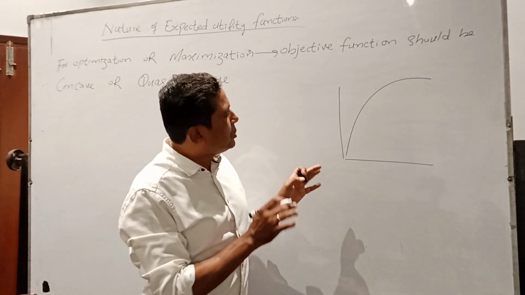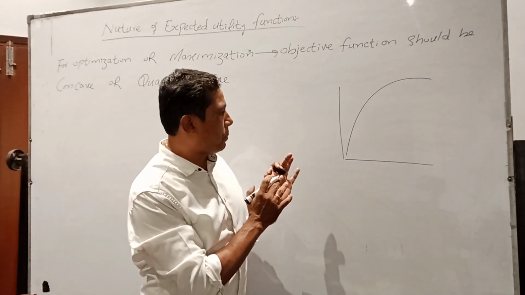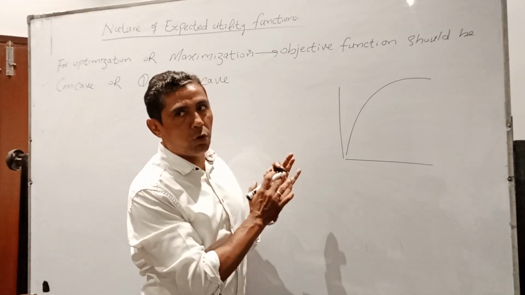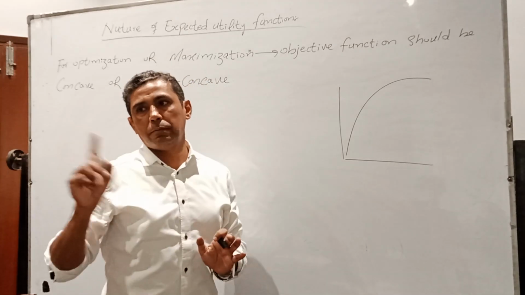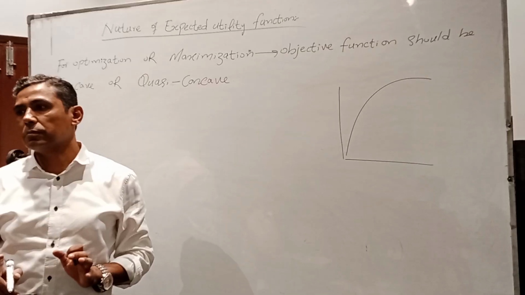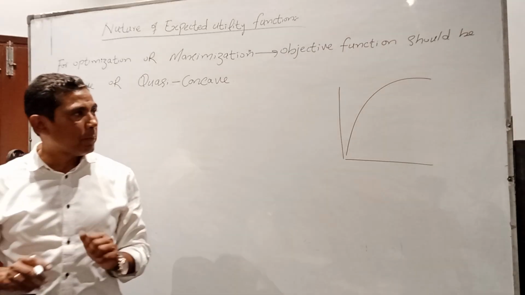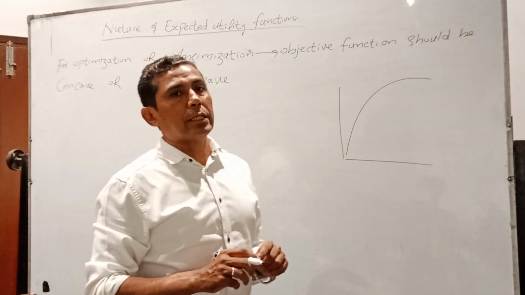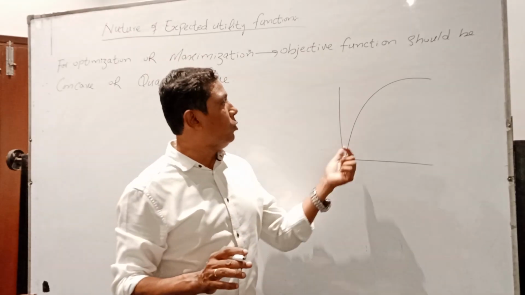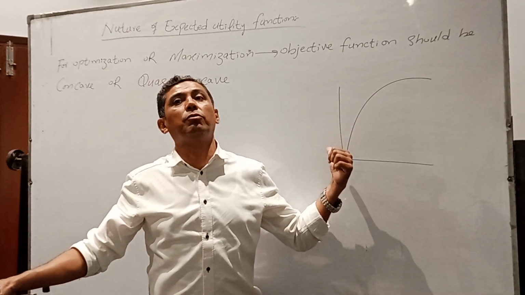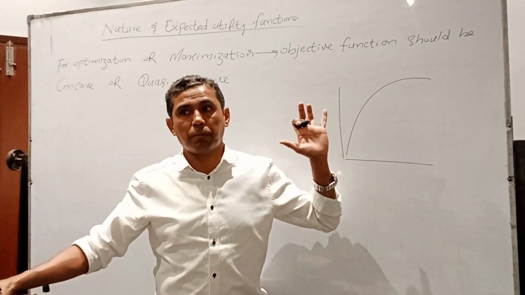First of all, we assume that at the initial stage, your production or your utility, whatever objective you have, increases with a decreasing rate. Increases with a decreasing rate. Clear? But it is not necessary that in every case you always assume that your function will increase with a decreasing rate. There are other possibilities.